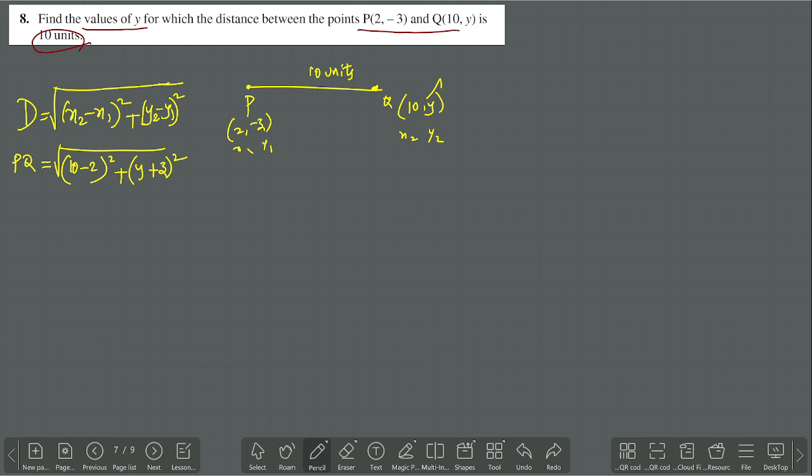Square on both sides, then only the root will cancel. Before that, what is PQ? 10. Apply it. So 10, and I am doing square on both sides.